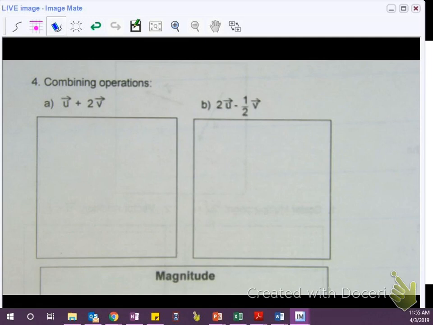We want U, which is 1, 2, 3, 4, and over 2. So that's U.